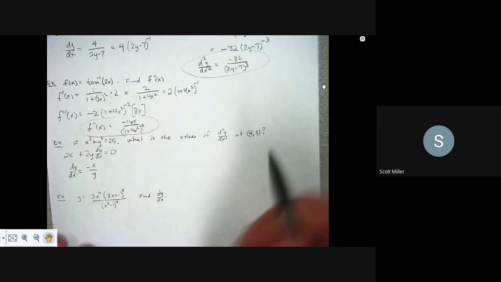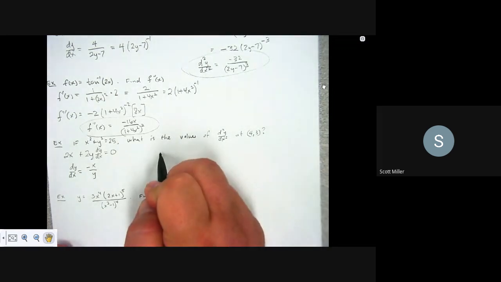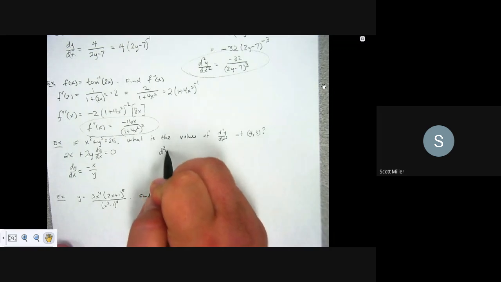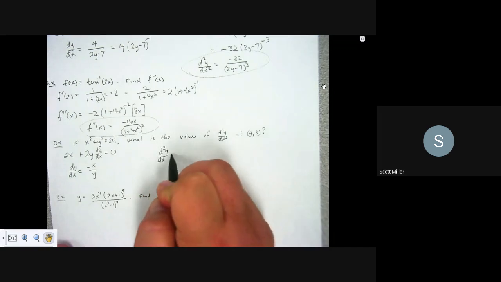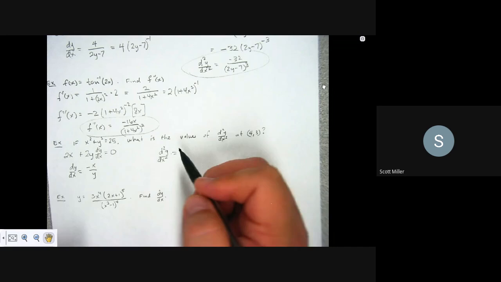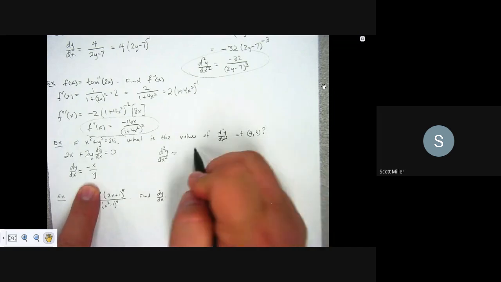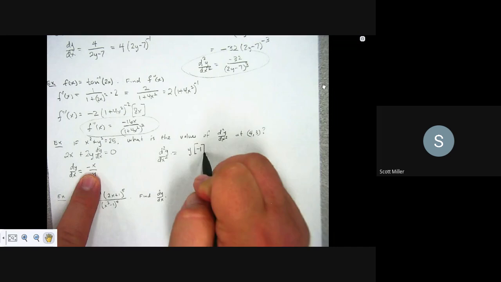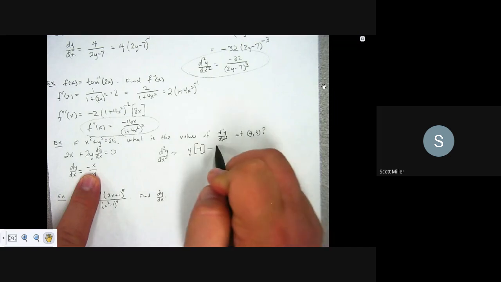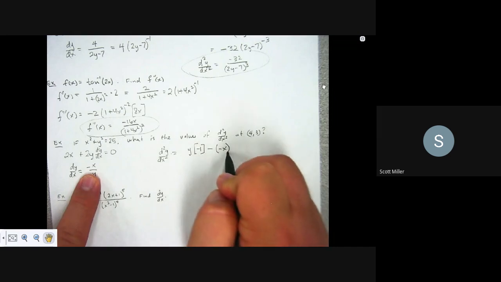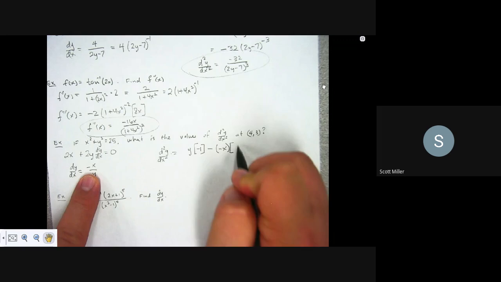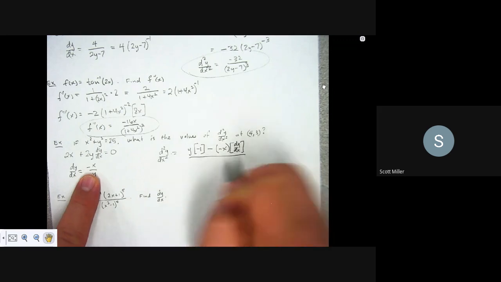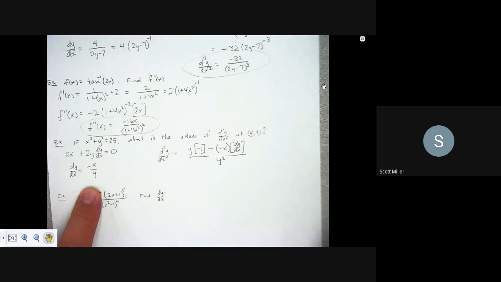Okay, let's find the second derivative. I find the second derivative of y with respect to x twice. I have to do the quotient rule. So it is the bottom times the derivative of the top, minus the top times the derivative of the bottom, all over the bottom squared.